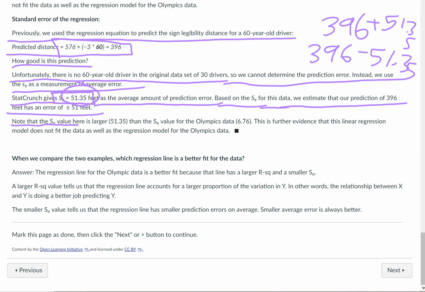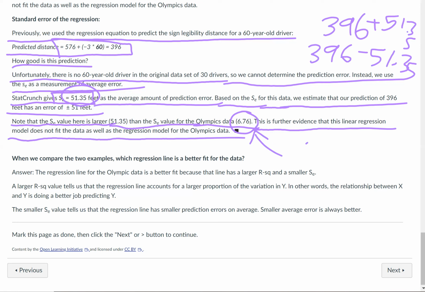Note that the standard error value here, 51.35, is larger than the standard error value for the Olympic data. If you scroll up, it was only 6.76. This is further evidence that the linear regression model does not fit the data as well as the regression model for the Olympic data. In the Olympic data, the standard error was 6.76. That means the average data point is 6.76 units away from the value predicted by the linear regression model.